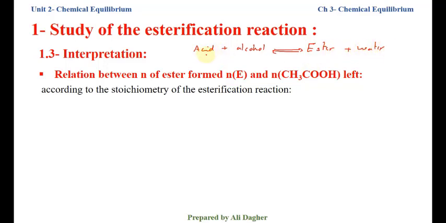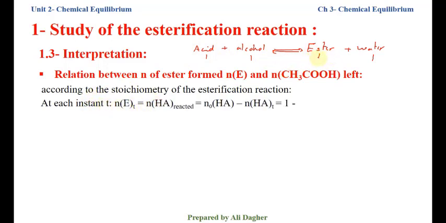The stoichiometry of the reaction is 1, 1, 1, 1. According to this stoichiometry, at each instant, the number of moles of ester formed equals the number of moles of acid reacted. Then the number of moles of ester formed at instant t equals the number of moles of acid reacted at this instant.